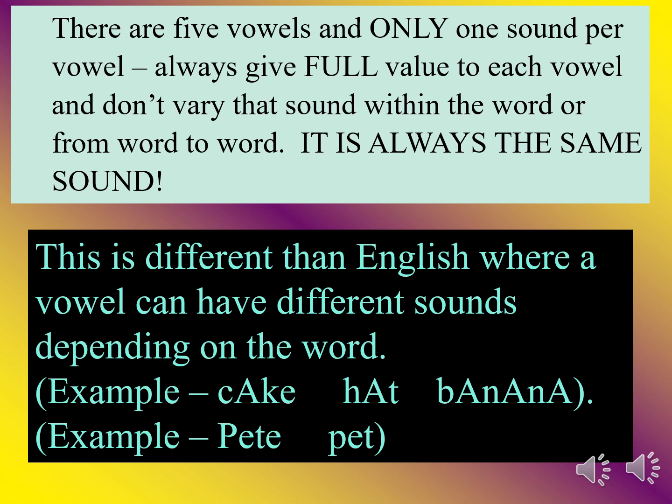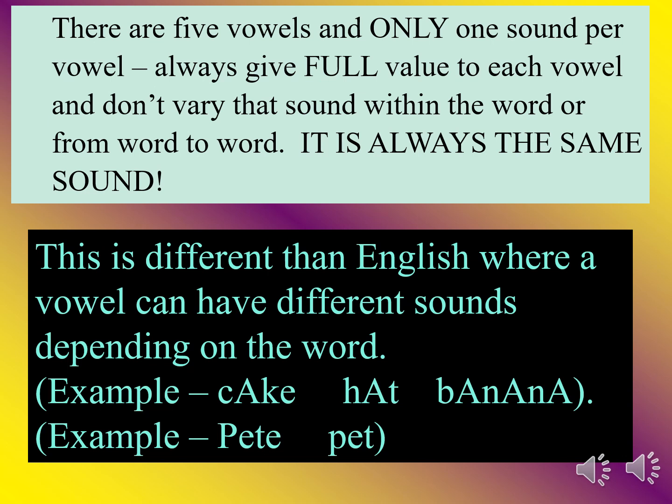So our first vowel in English, the letter A, you have a long A, cake, you have the short a, hat, and you have a word like banana, which has 3 appearances of the letter, but we give it different sounds: ba-na-na.